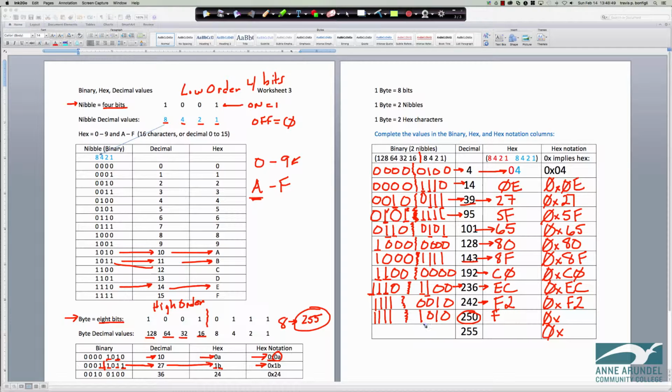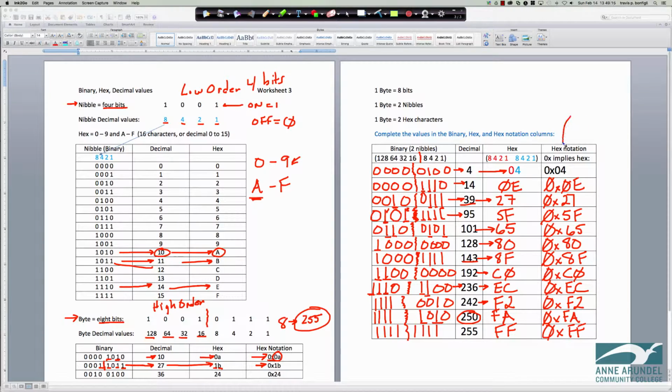It's F. And then 8 and 2 is 10, which would be A. So 0xFA, because A in hex is equivalent to 10 in decimal. And then 255, 1111 1111, and this is our easy one. So it's all ones. We know that that is F, F, and in hex it would be 0xFF.